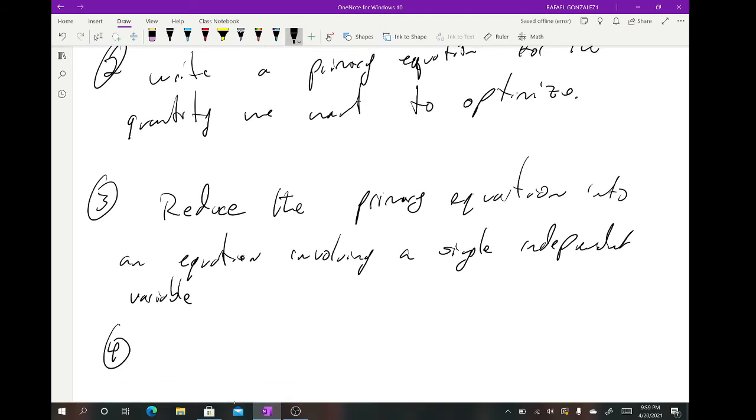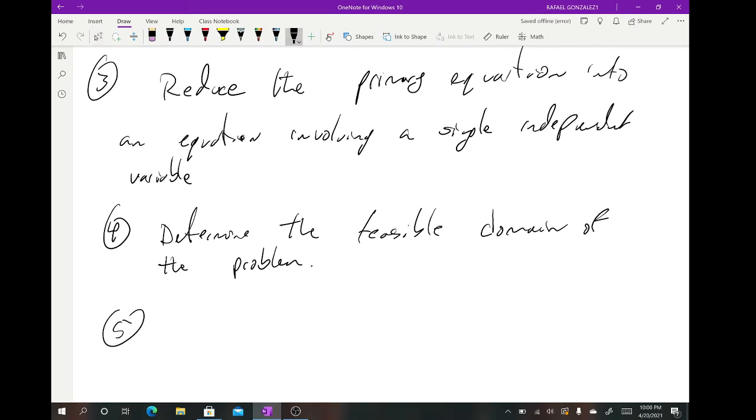Number four, we want to determine the feasible domain of the problem.